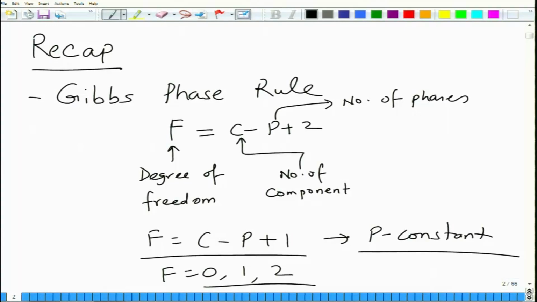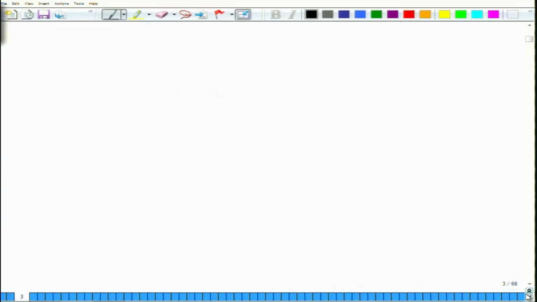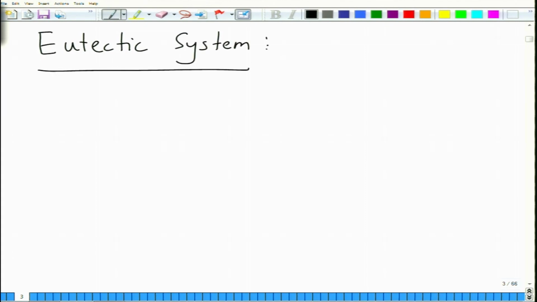Similarly, we also did the same exercise for the binary isomorphous system. Today we will take examples of the phase rule in a eutectic system, for instance, and this approach can also be used in peritectic and other systems. The eutectic phase diagram is something like this.